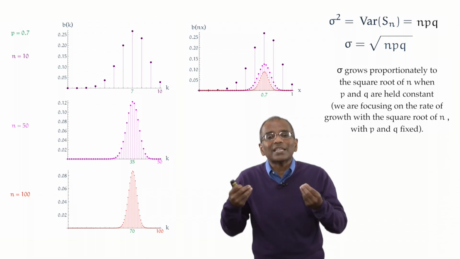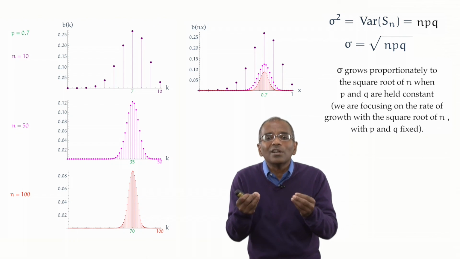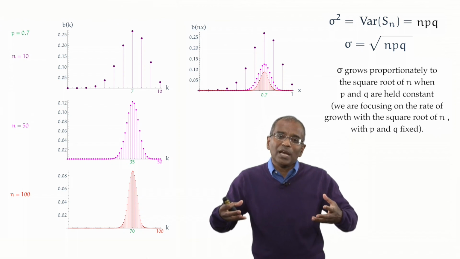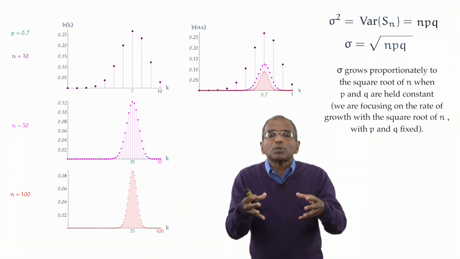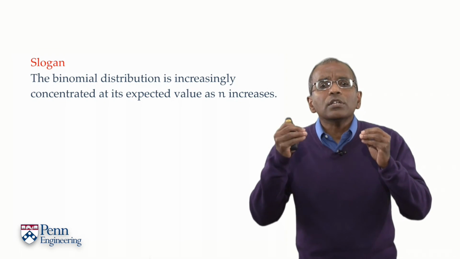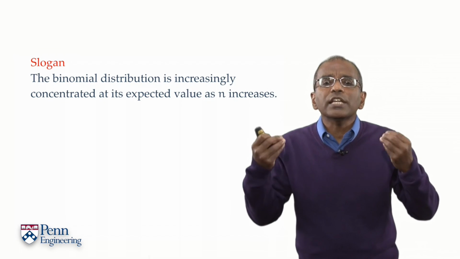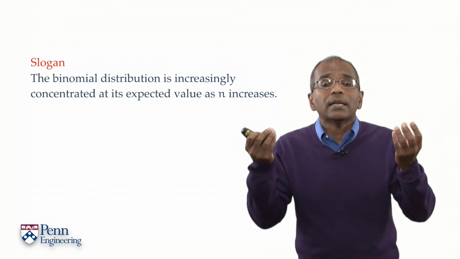If n were 10,000, then the spread around the center is only about 100. So yes, of course, the spread is increasing as n increases, but proportionately much less than where the center is. We should capture this promptly in a slogan. The binomial distribution is increasingly concentrated around its expected value as n increases.